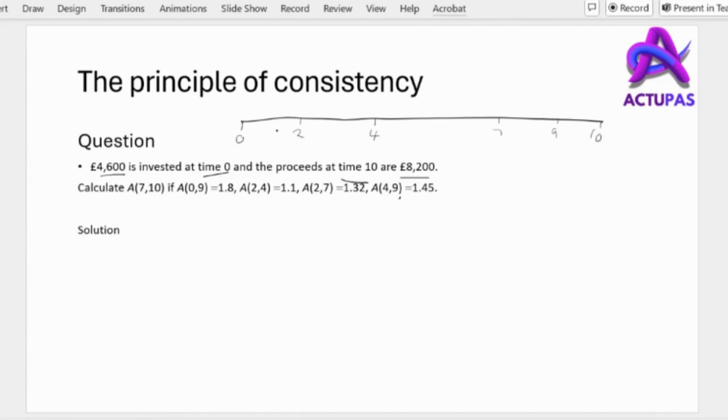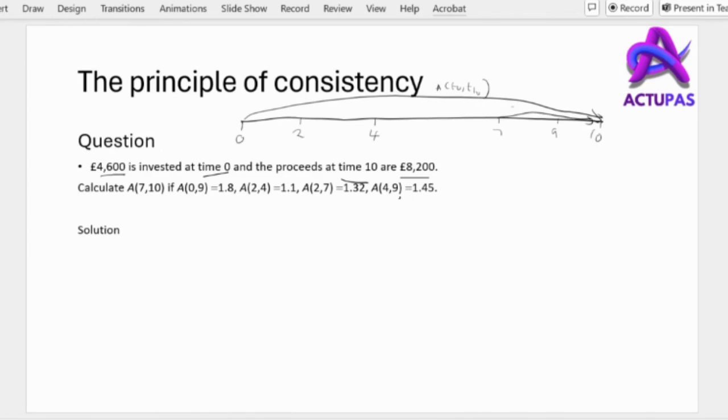And from time 0 to time 10, this is this. T0 to T10. And here, if we are going to do it step by step, we know that we want to find A 7 to 10 here.